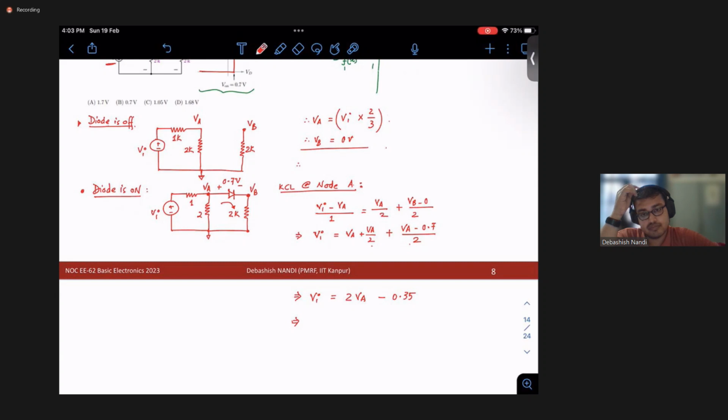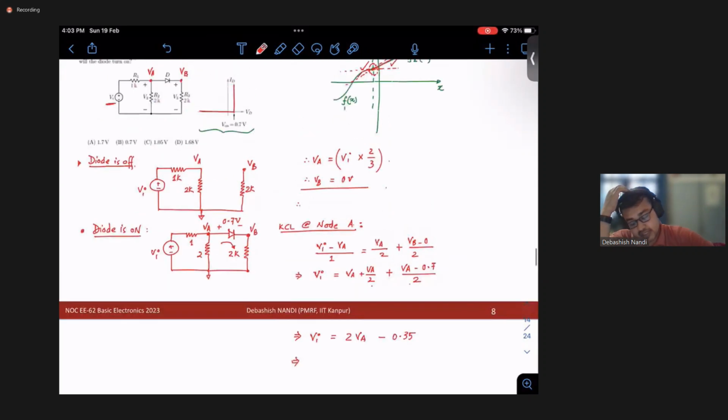So the question is not clear. The question is that we are asked to find out at what voltage of VI the diode will be on, right? Right. So first we analyzed that when the diode is off, what are the node voltages VA and VB.